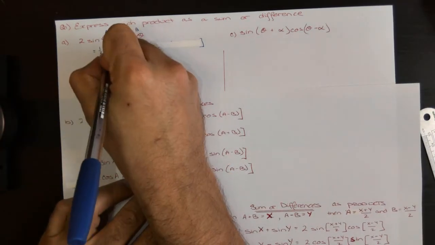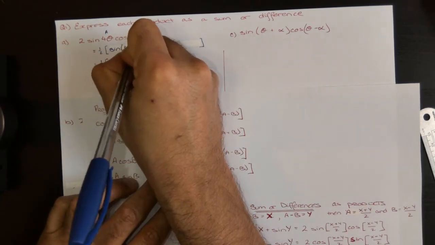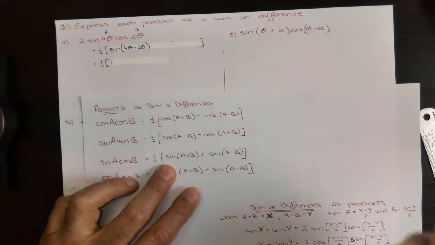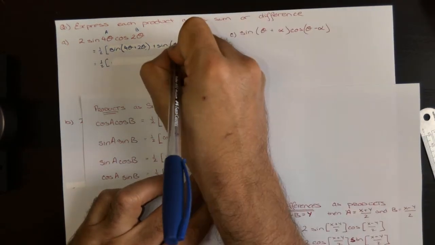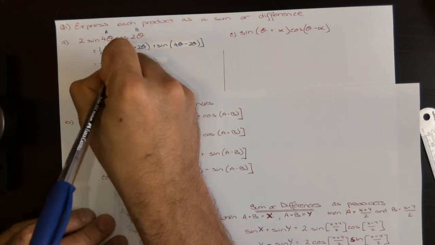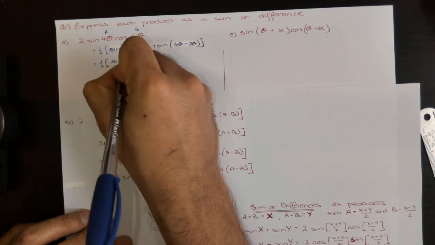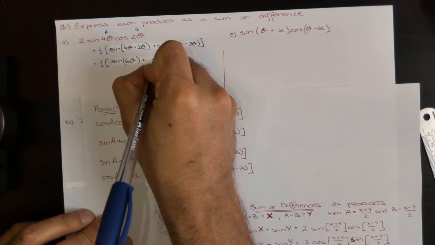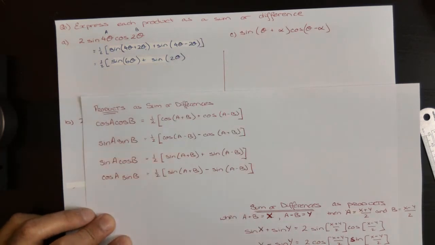So we've got sine of 4 theta plus 2 theta plus sine of 4 theta minus 2 theta. Well, that's sine 6 theta plus sine 2 theta.